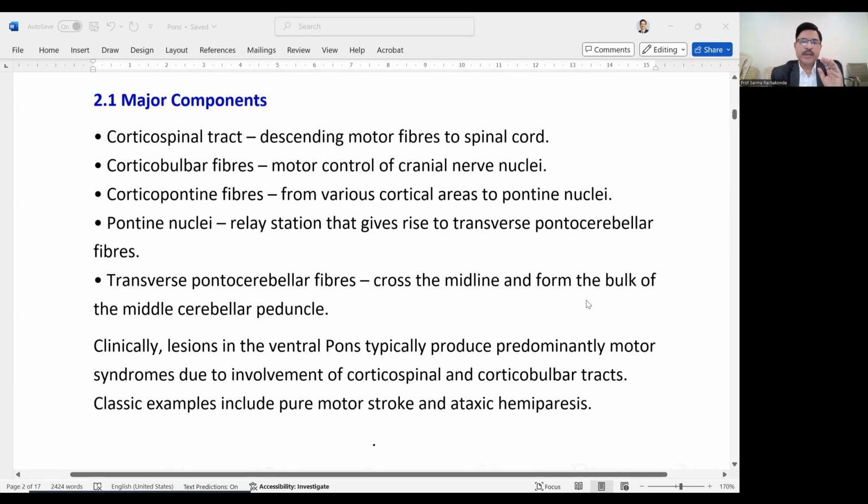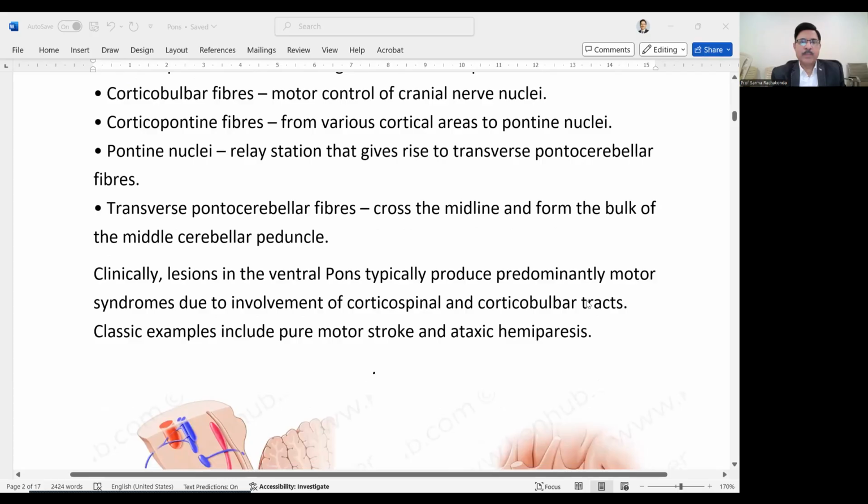Okay. Clinically, ventral lesions in the pons typically produce predominantly motor syndromes. So ventral pontine syndromes are predominantly motor because we have all the motor tracts in the ventral part, due to involvement of the corticospinal and corticobulbar tracts.